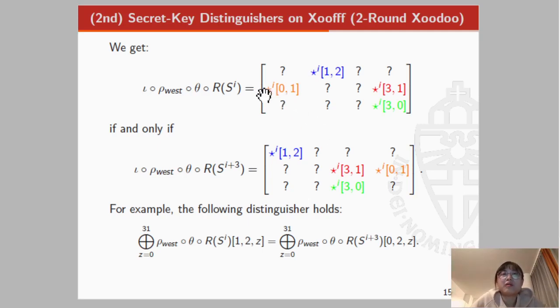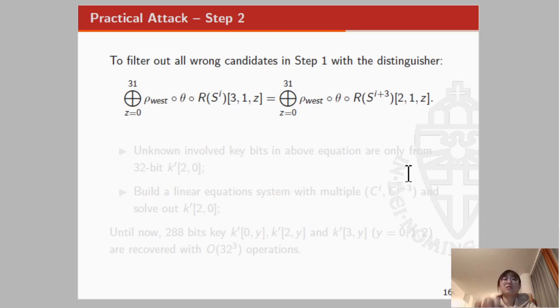For example, the parity on this line is equal to the parity on this line. So with this distinguisher, we can do attack on the Xoofff to recover the remainder k-bits.